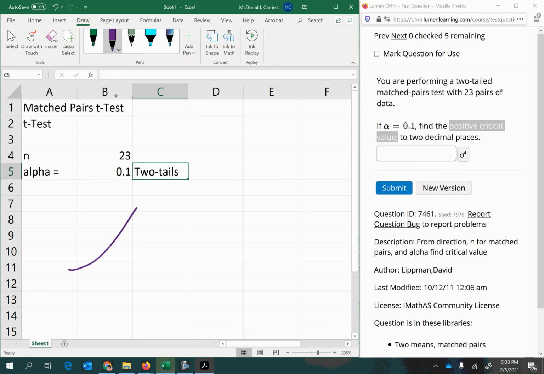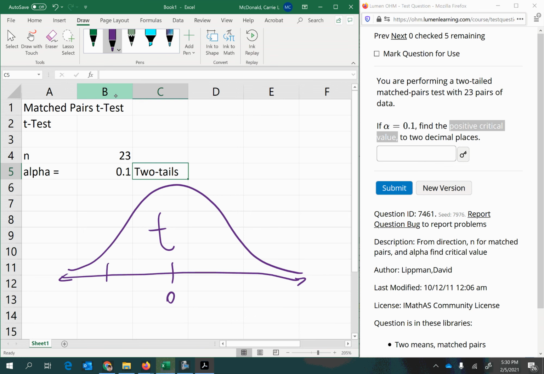Well, let's draw it. Here's our t-distribution, 0 in the middle, and on each side is going to be a negative critical value and a positive critical value because this is a two-tailed test. So we have some area on both sides.